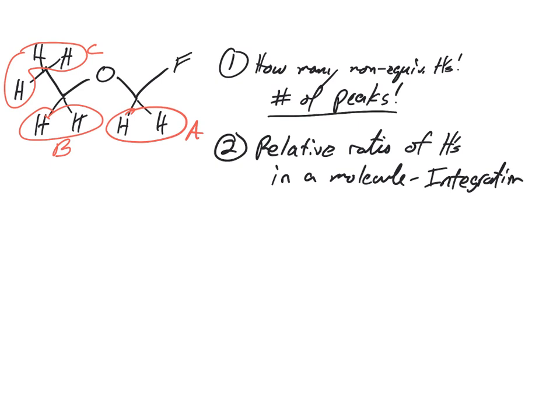So right now we have A, B, and C. What's the ratio of those hydrogens in the molecule? What are the ratios to each other? Good. The relative ratio here is 2 A's, 2 B's, and 3 C's.